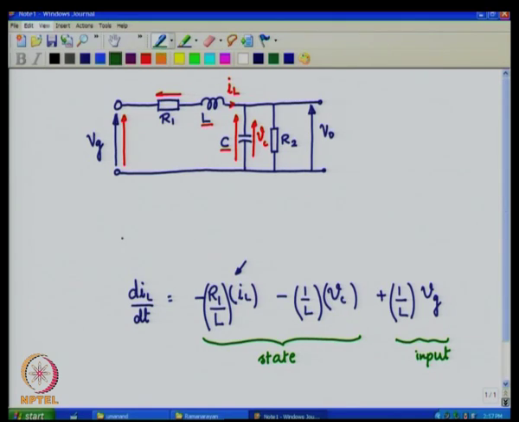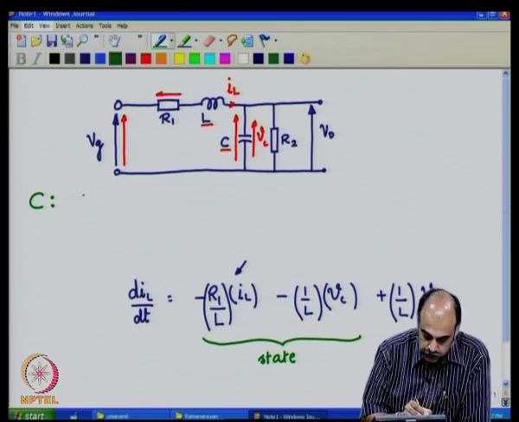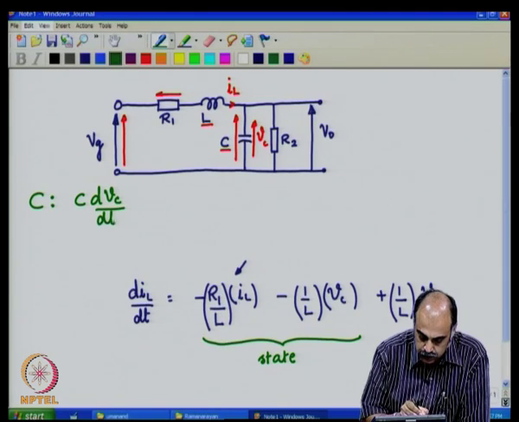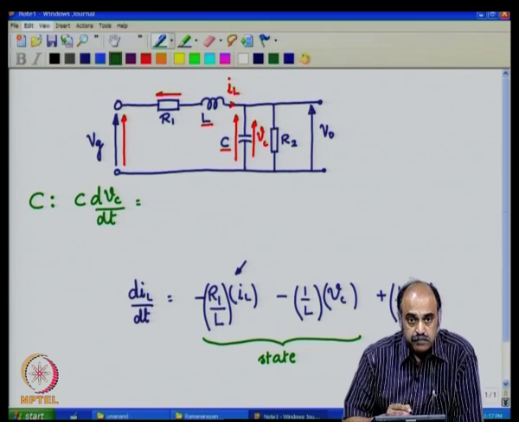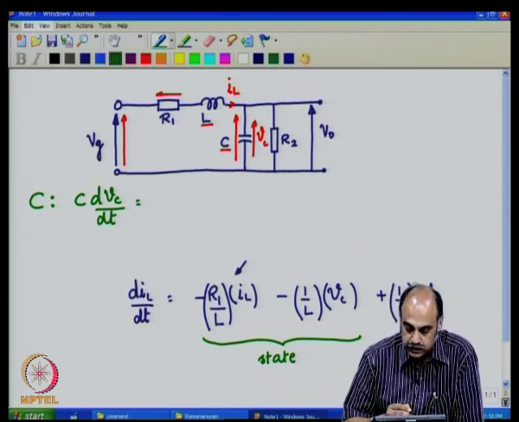And write down the differential equation for C. So, C dVc by dt equals the current through the capacitance.